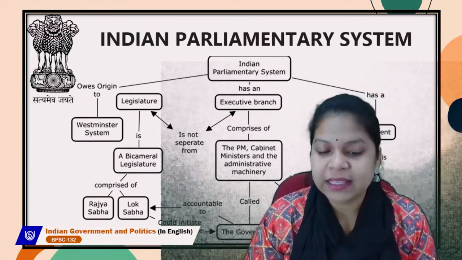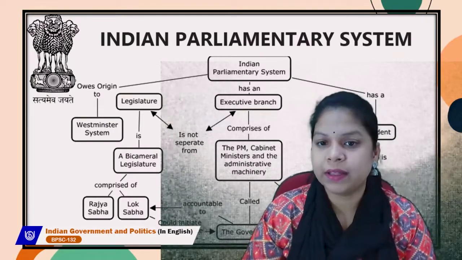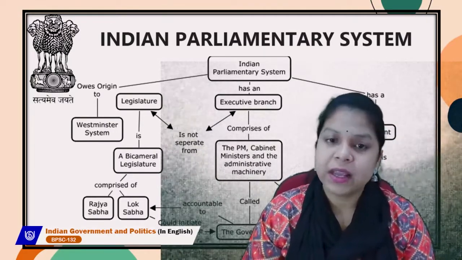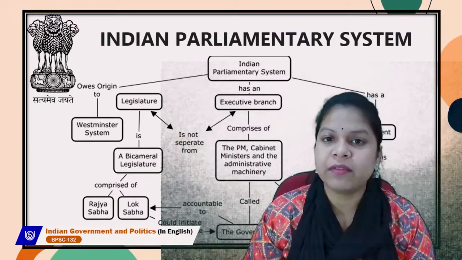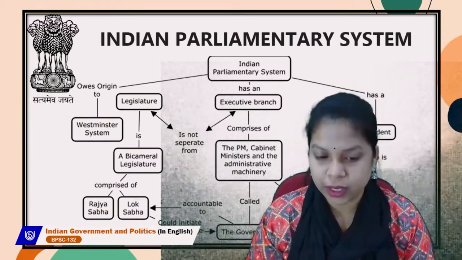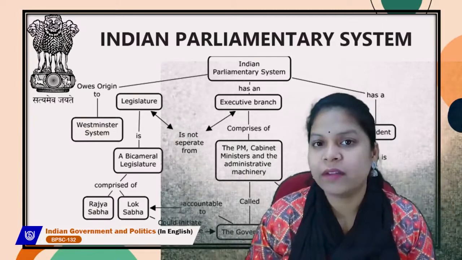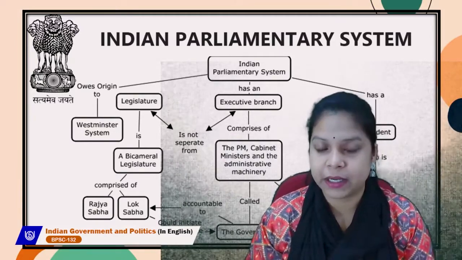So the government is accountable to the Lok Sabha, and you should always remember that in a parliamentary system, the legislature and executive are not separate. They are not separate from each other, they work together. Whereas in a presidential form of government, the executive and the legislature work separately.